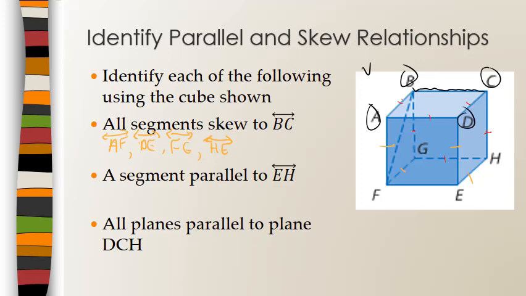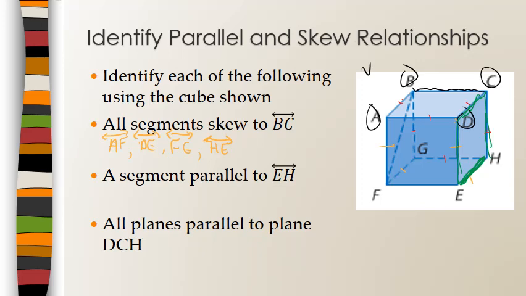All right, next part of this, a segment that is parallel to EH. Okay, so we got EH right here. EH is running right along here. And we're looking for a line that's in the same plane and is parallel. So let's see. So EH could be in this plane on the right-hand side of the box, say right here.